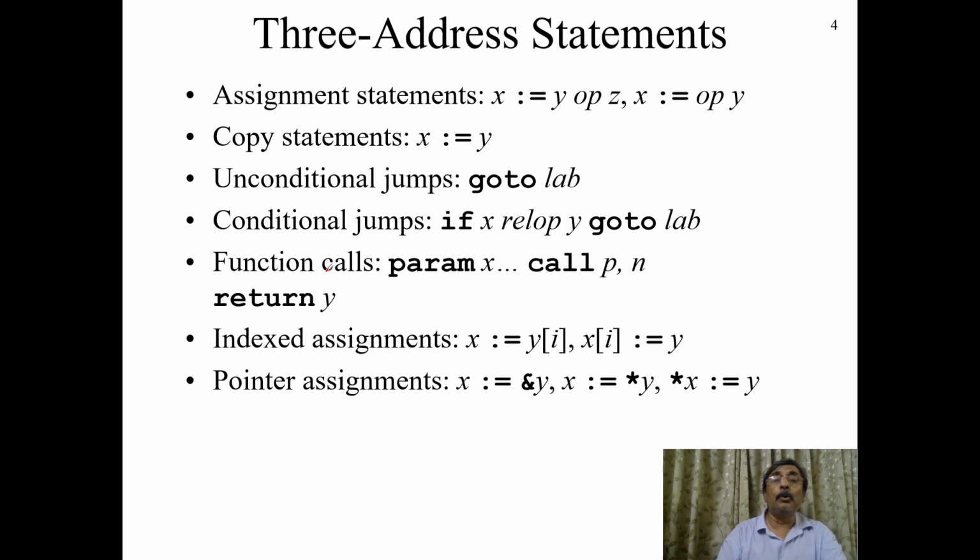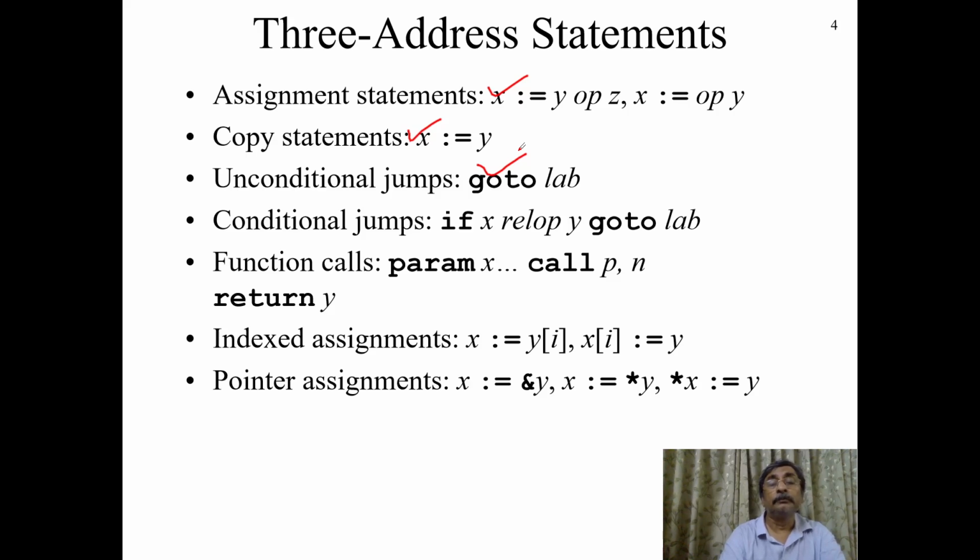So let us go into some details of three address statements. For example, the assignment statements could be examples of three address codes like x = y op z, this is the one, or copy statements, that is assign the value of y to x, that is the second one, and conditional jumps: go to some label, conditional jump if x relop y go to some label.